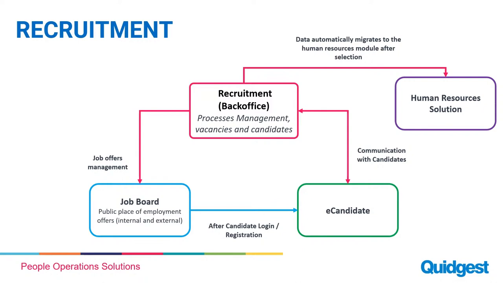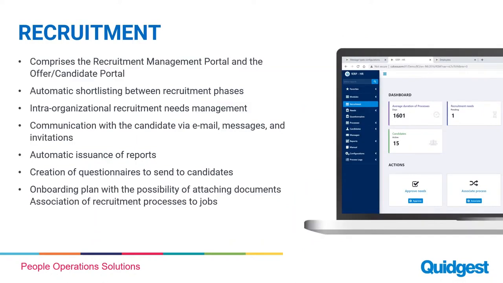And there's a component in this module, the e-candidate, or the self-service for the candidates, so they can apply, register, and exchange messages with the recruiter, processor, or officer. It's a way of communicating with the recruitment team, and also, later down the road, doing the onboarding activities as well. So the module is divided into these different components, and they can be turned on and off depending on whether they're needed or not.